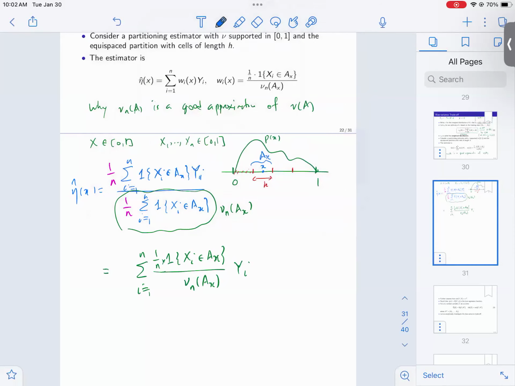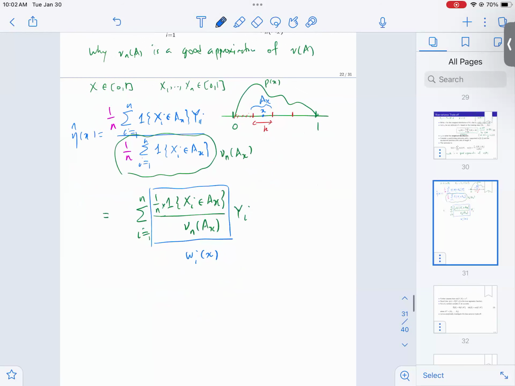Now this is my weight. If you remember, I can write this as w_i of x. So my estimator is just the summation over i from 1 to n of w_i times yi. This is not new.